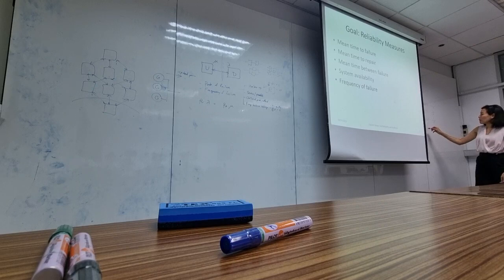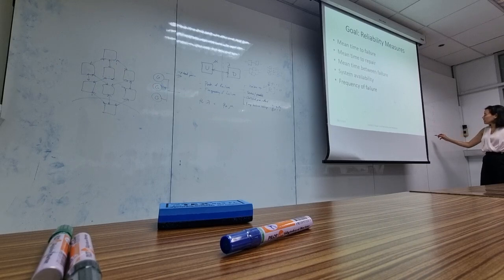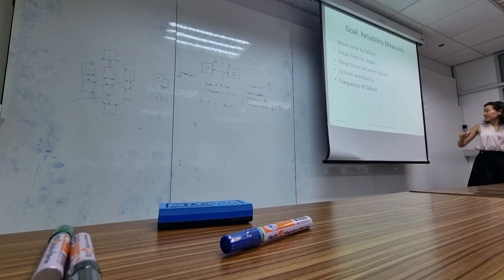In overall, when we observe the system, we will only see two states: success and then fail. So when we observe the system, we look at the time. The system availability is actually the probability.